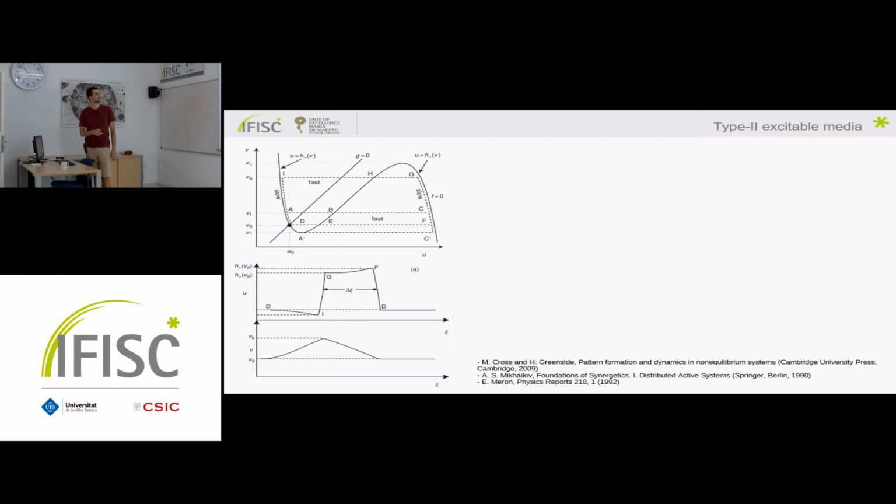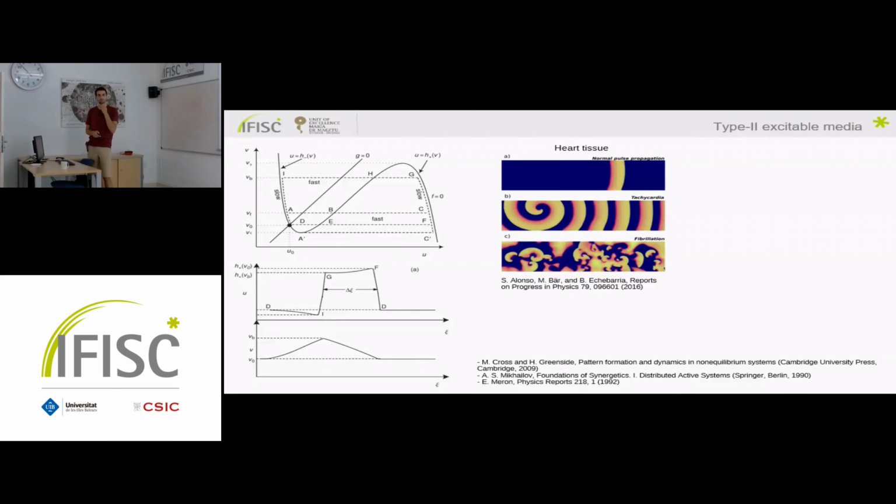So these results have been applicable to many systems. For example, heart tissues. One pulse of these zones will be a normal beat of the heart, but the instability or change in this kind of pulses could be different kinds of heart illness.